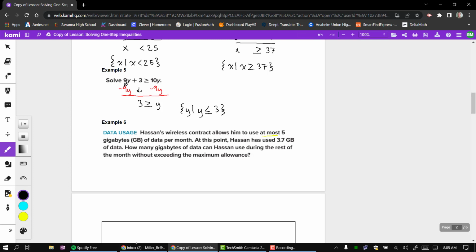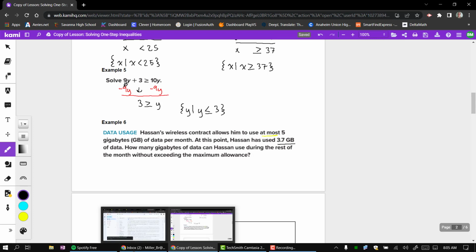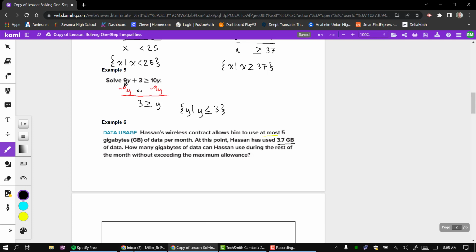At this point, Hassan's used 3.7 gigabytes of data. How many gigabytes of data can Hassan use for the rest of the month without exceeding his maximum allowance? So we can't go above 5. So 5 is our max. So we need values that are less than or equal to 5.